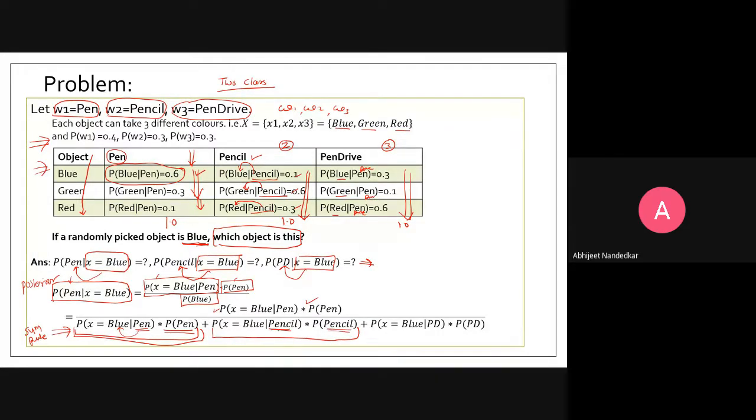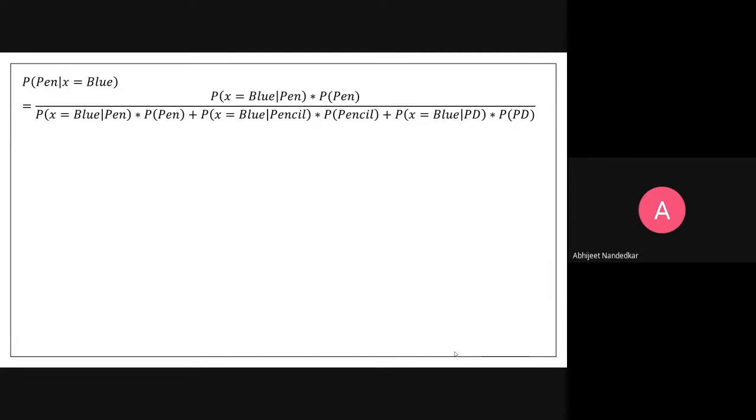Given the pencil, how many times is blue color appearing? Then the third part is, given a pen drive, how many times is blue color appearing? So in total, if you add all these three quantities, you will get the evidence of blue. You are interested in blue color only, so that you can obtain from this. Now you have to just substitute different values and you will get the corresponding probability.